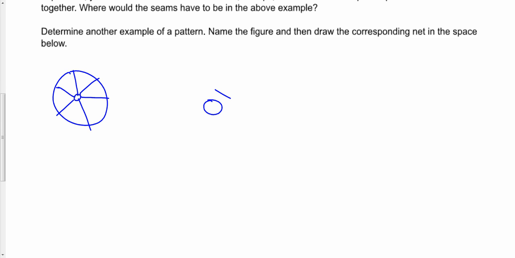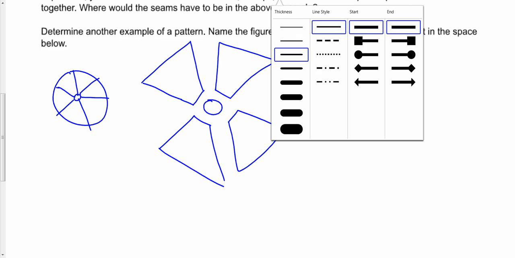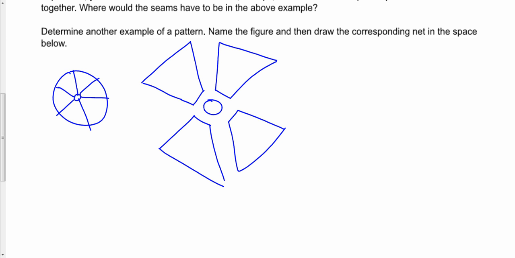But then you'd also have multiple pieces that are kind of part triangle pieces. And what you could actually do with these pieces is glue them together. The seams here, you could glue together along the sides.